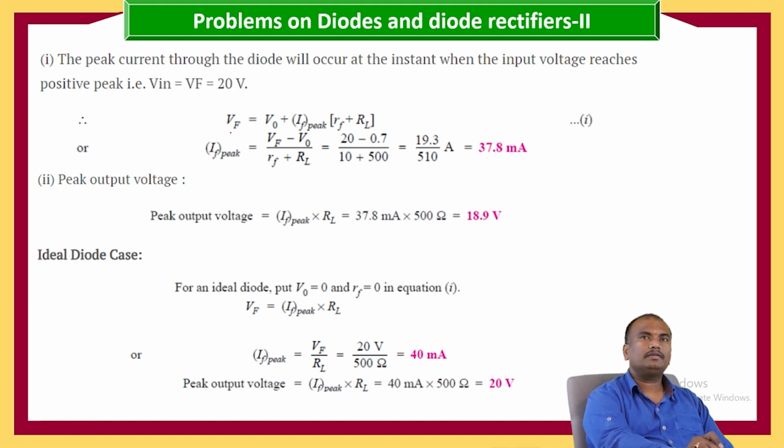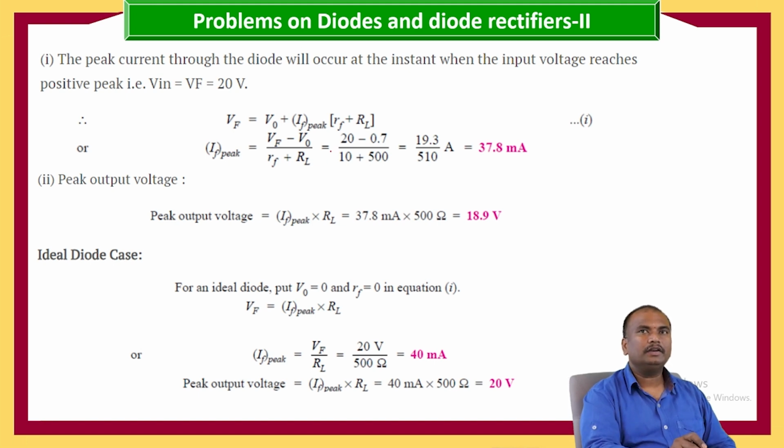So here Vf is equal to V0 plus I peak into Rf plus RL, where I peak is equal to Vf minus V0 by Rf plus RL.